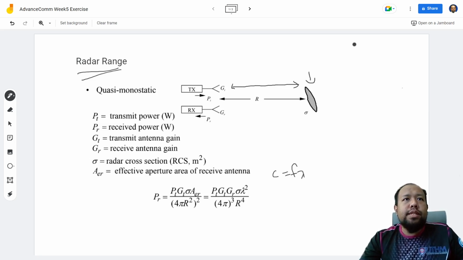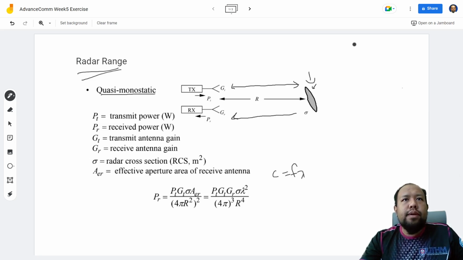For this example, we use a quasi-monostatic radar, which has a transmitter and receiver that are separated but located at the same location. When the transmitter transmits the pulse signal over the distance r towards the object that we want to detect, the signal will be reflected back to the receiver.